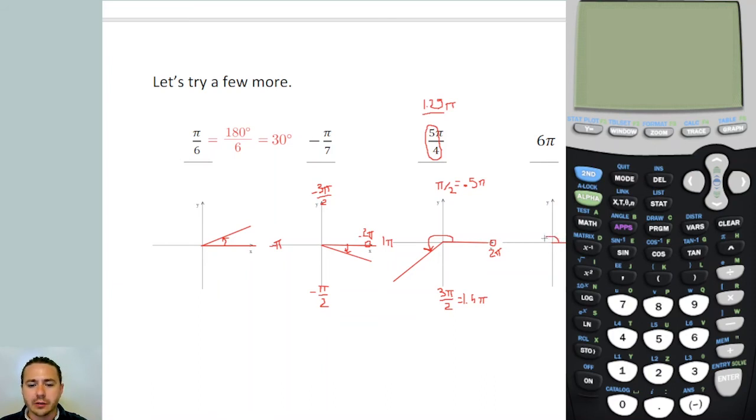So here is 1 pi, 2 pi, that's 1 full revolution, 3 pi, 4 pi, looks like that, and then 5 pi, and then finally 6 pi. So it looks like it's a total of 3 revolutions, which makes sense because if 1 revolution is 2 pi, multiply that by 3 and you get 6 pi.